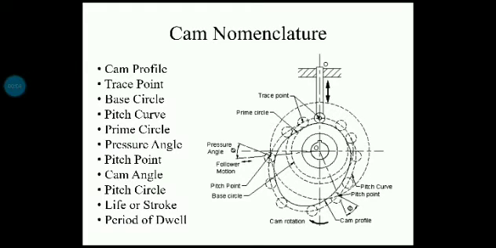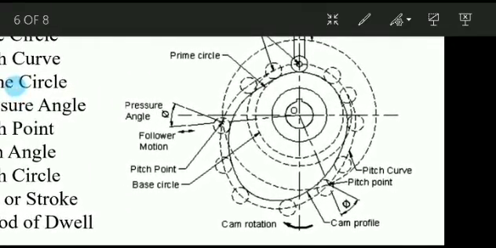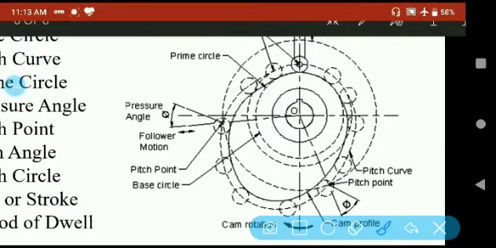Pitch circle is the circle having its center at the center of the cam, and the radius will be from the center to the pitch point. In the figure you can see this is the pitch circle. So the radius of the pitch circle will be from the center of the cam to the pitch point.